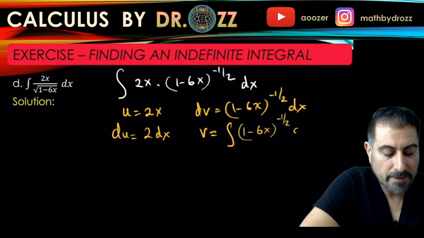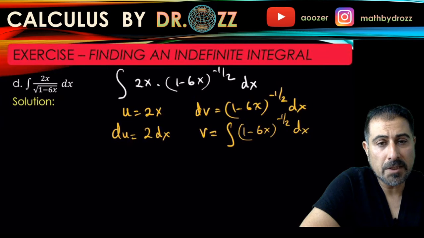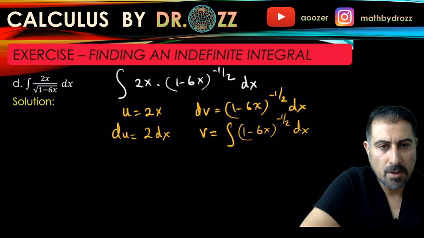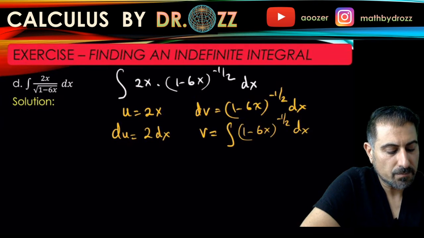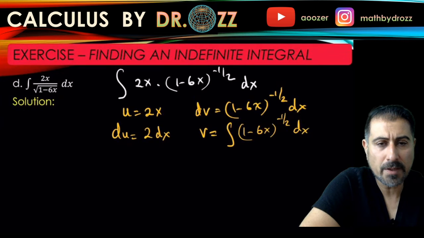So this requires a separate integration here. I would probably do a u substitution, because if I call 1 minus 6x u, then I can get rid of the junk terms and reduce this down to a u to the negative 1/2 type integral.